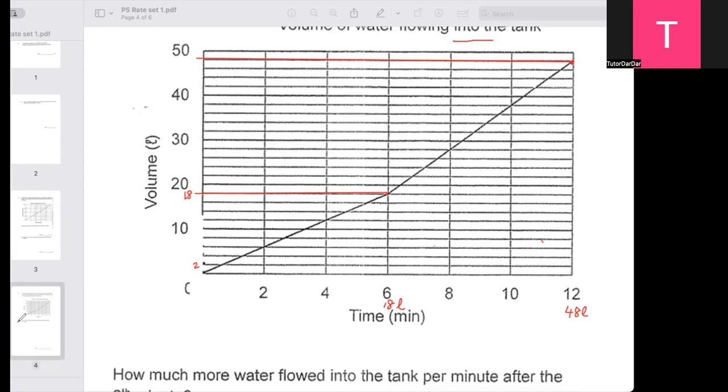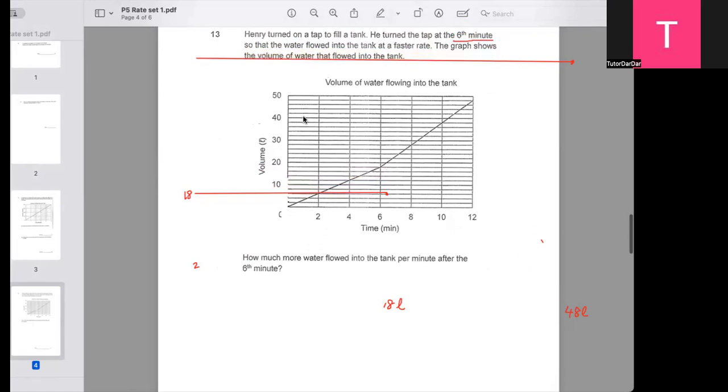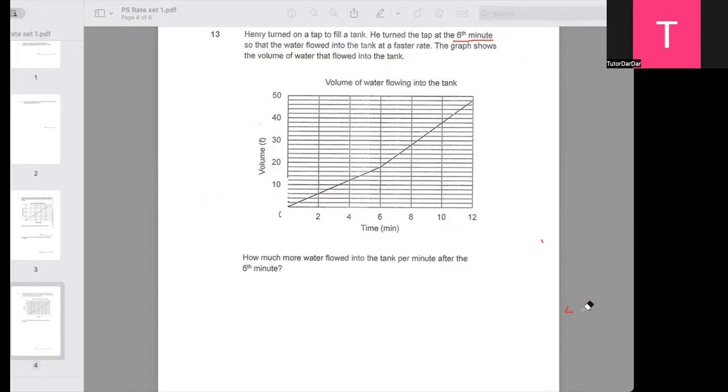Okay, now let's go back. So let me erase them away. Okay, this is going to be 18 liters here, and this is going to be 48 liters here.